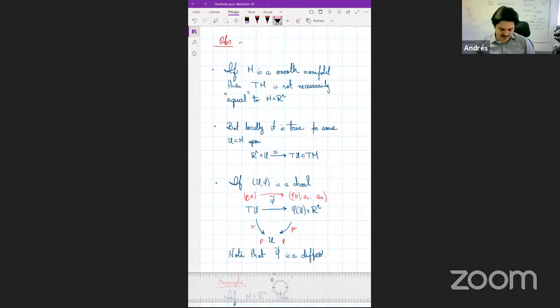And what I'm saying here about this being a V field, oh wait, why is this a diffeomorphism?